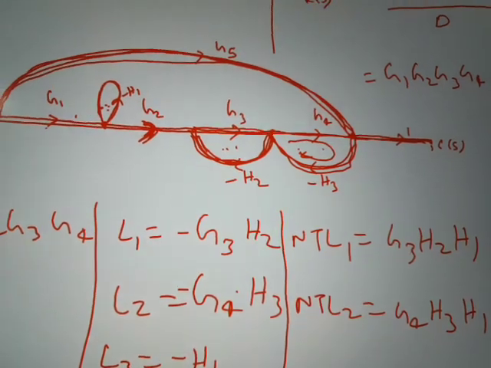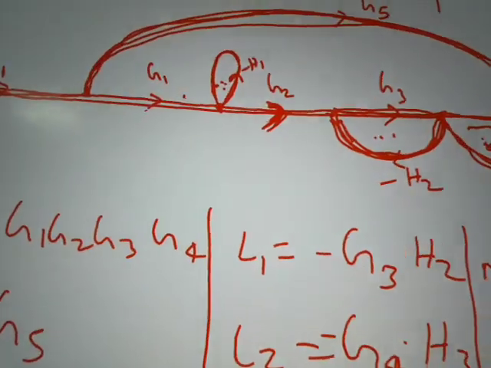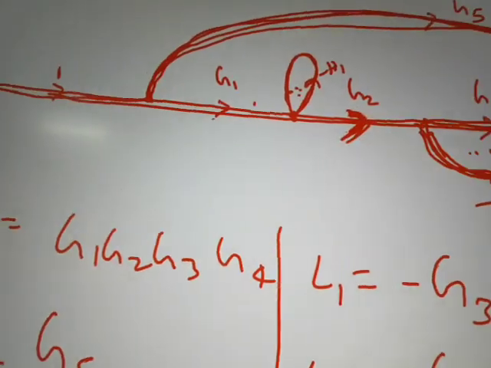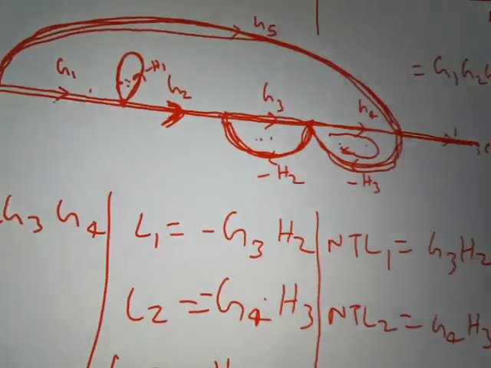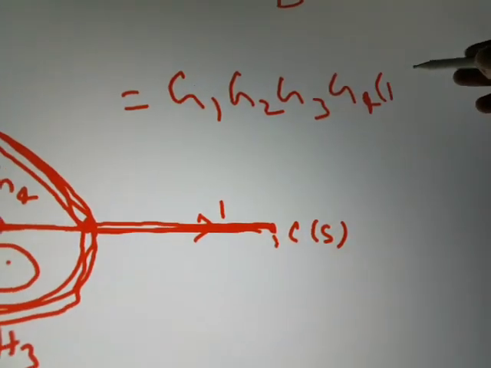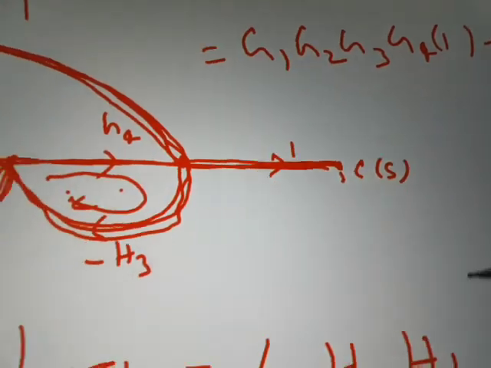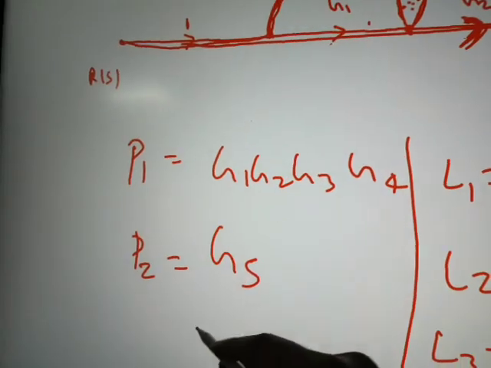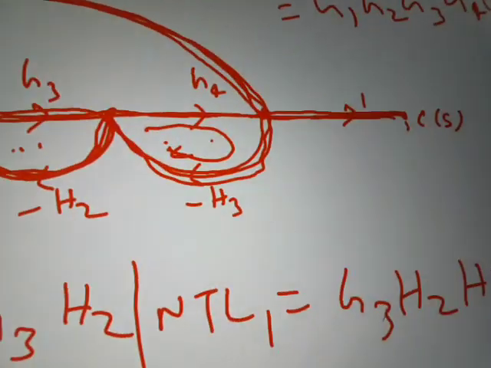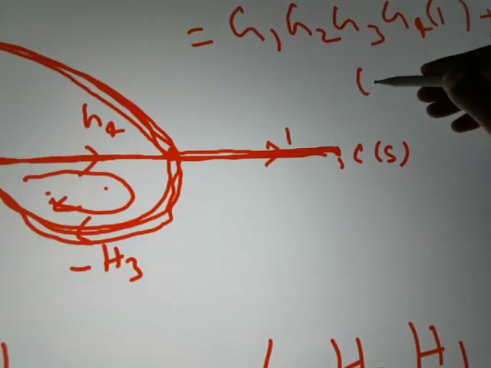I already told you that if there are no nodes not touching that forward path, in that case delta k will be 1. So here delta 1 will be 1, multiplied by 1, plus the other part, which is G5.